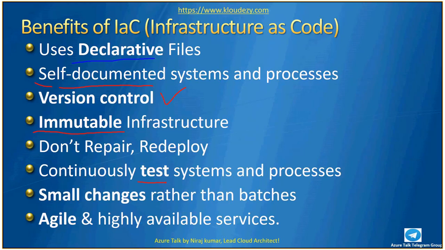For each change, you can have a minor and major version of your infrastructure code. And finally, as I said, this goes in the spirit of our agile methodology and DevOps, which brings agile and DevOps all together. All the industry right now is talking about going agile, and we want to be more productive. So this is, in a nutshell, the benefits of infrastructure as code.